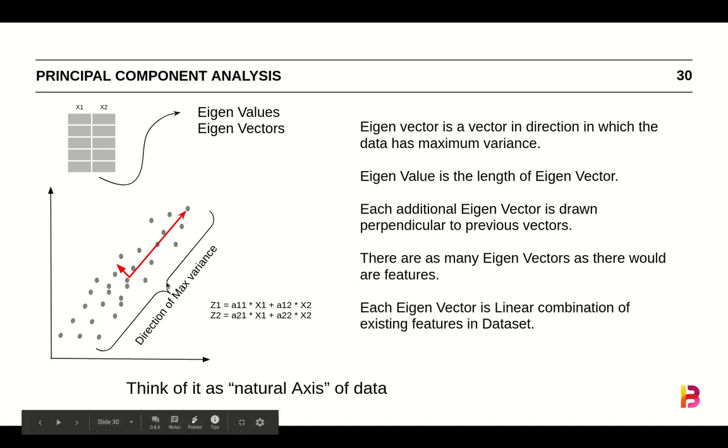In which direction is the data spread out the most? That usually would have much higher predictive power for y than the direction in which data is less spread. So it first identifies the direction in which data is most dispersed and draws an axis. The direction of this particular vector would be the direction in which data is most spread. The amount of spread can be measured by variance.